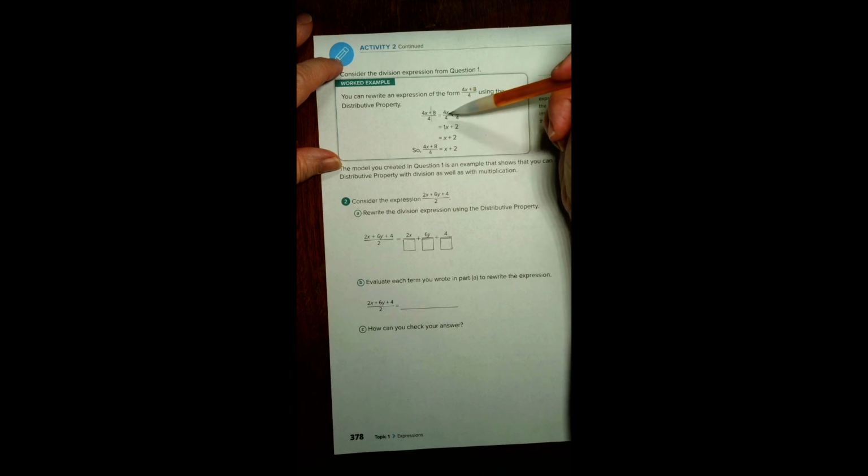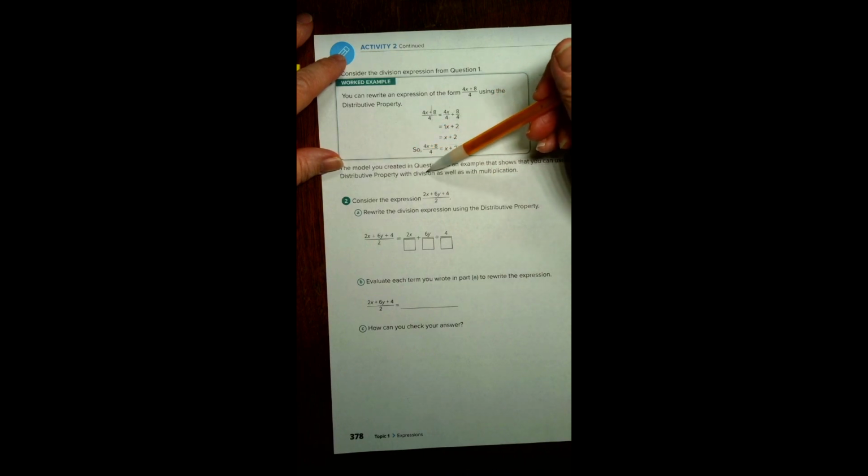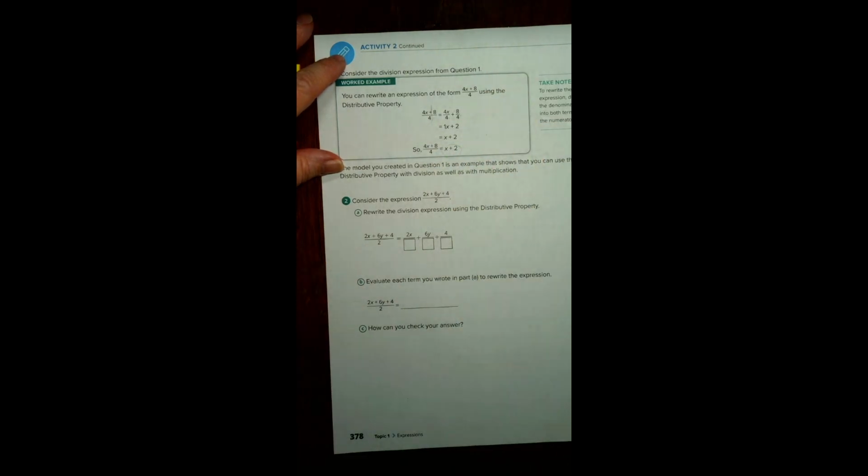See how they separated it and put them both over 4? 4 divided by 4 is 1x, which we know you don't need the 1. They got rid of it there. 8 divided by 4 is 2. So 4x plus 8 over 4 equals x plus 2. So that's what it simplifies to. Says the model you created in question 1 is an example that shows that you can use the distributive property with division as well as multiplication. So we're just kind of doing it in reverse.